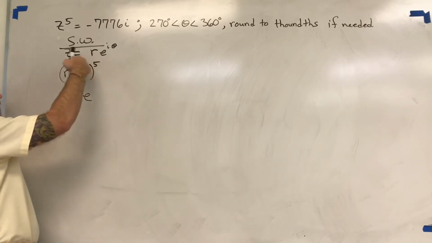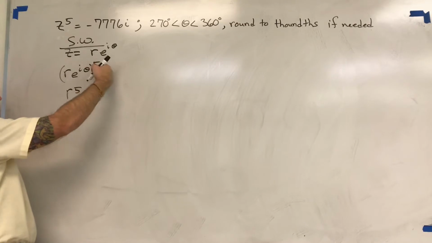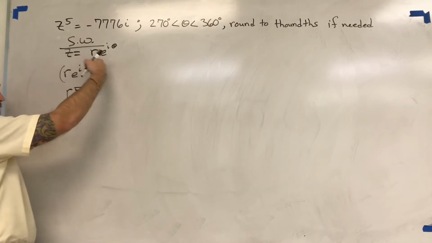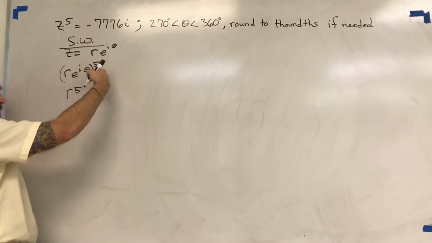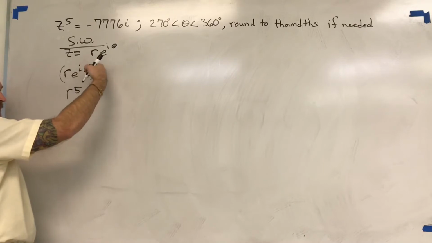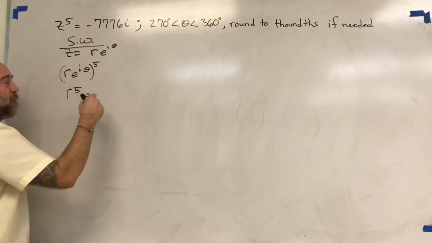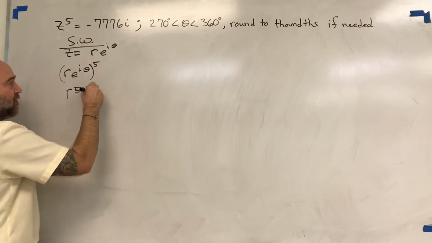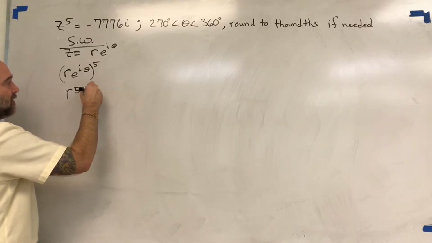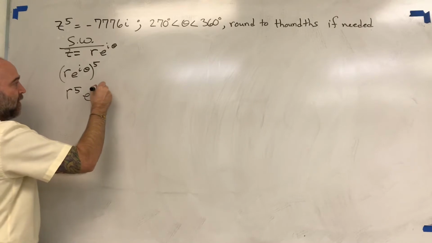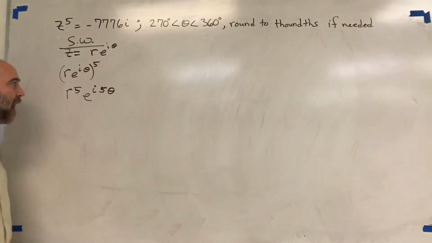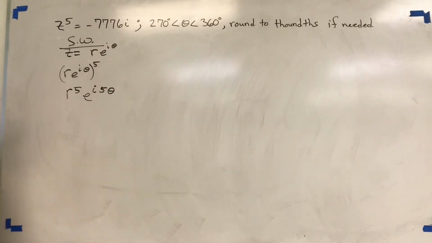So this exponent is applying to everything inside here. Every factor gets that fifth power. So the r gets the fifth power, and this e to the i theta gets that fifth power. But a power to a power means multiply. So this turns into, let's put i out in front, 5 theta. i 5 theta turns into that one.